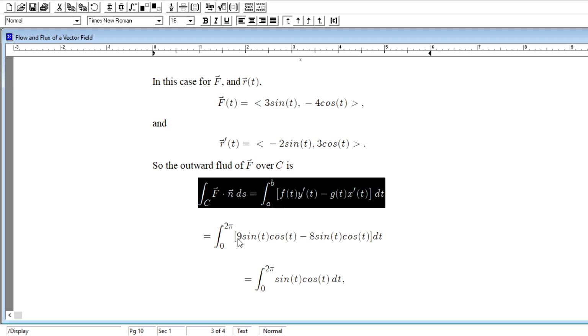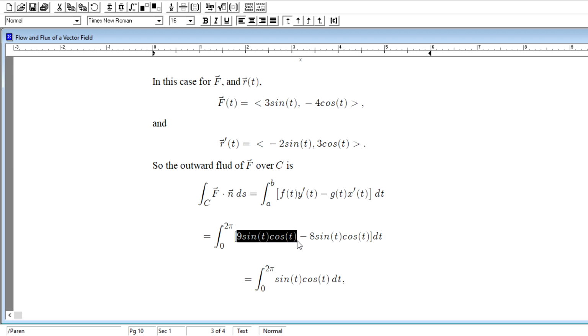Where we had noted it is just going to be the integrand built by 9 sine t cosine t minus 8 sine t cosine t, which simplifies to an integrand given by sine t cosine t, where we are going to integrate with respect to t over those bounds from 0 to 2 pi.